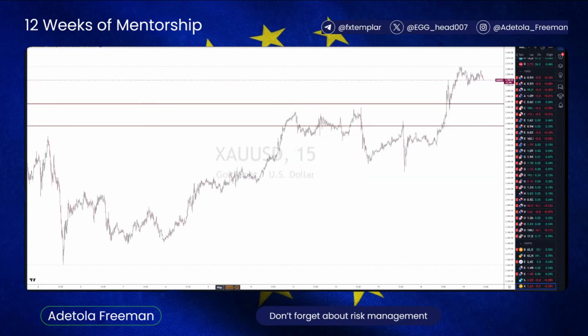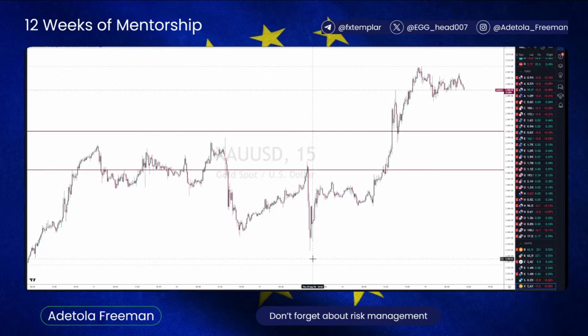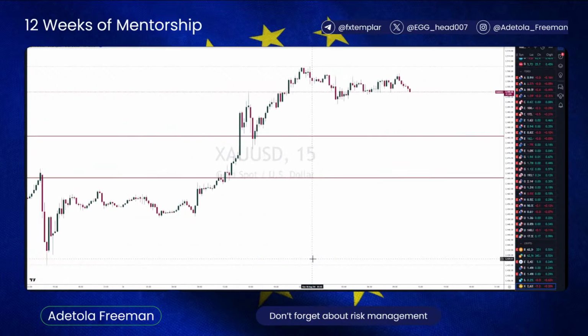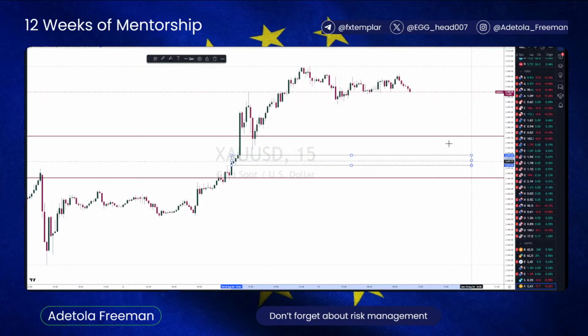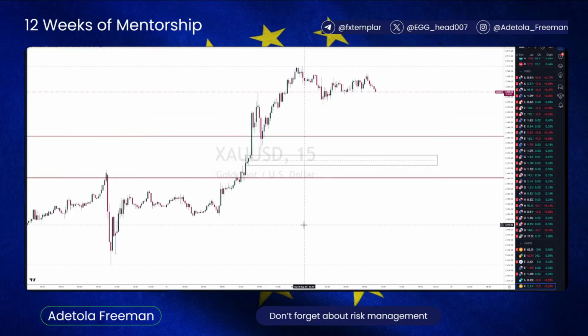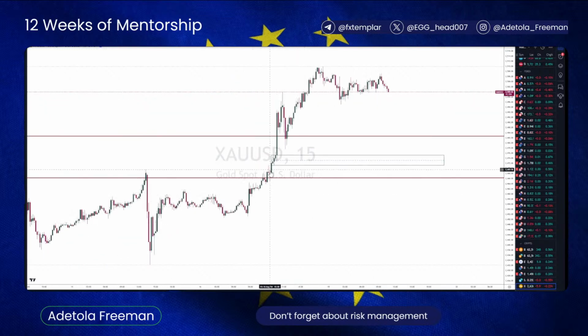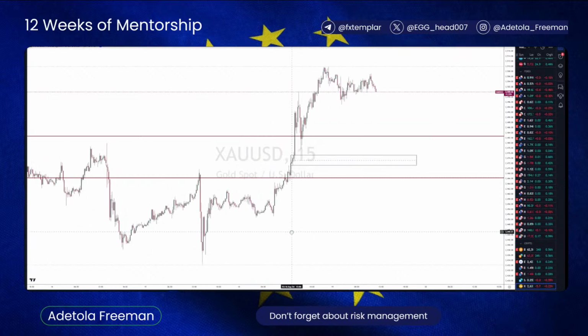All right, perfect. So this is the 15 minutes time frame. This would be my first area of demand. And then the second one would be somewhere here. And then probably a third option here. But let's see how price plays this out.